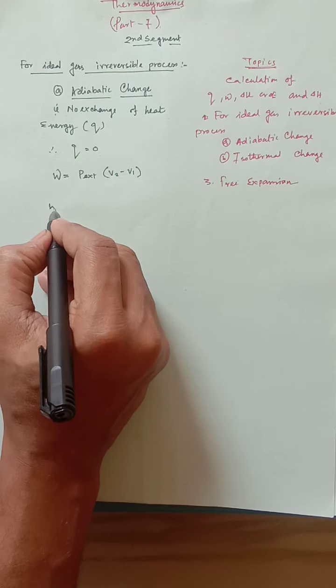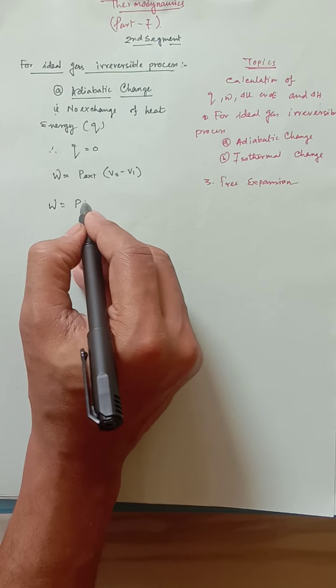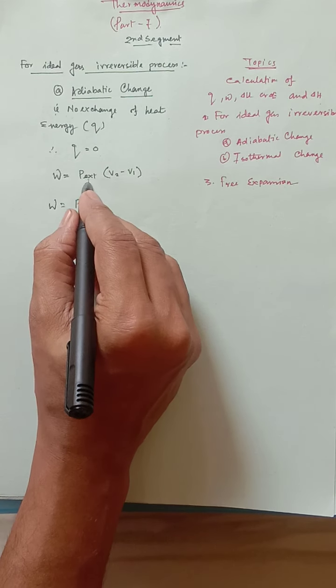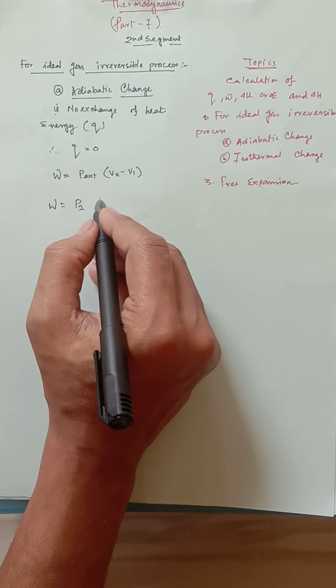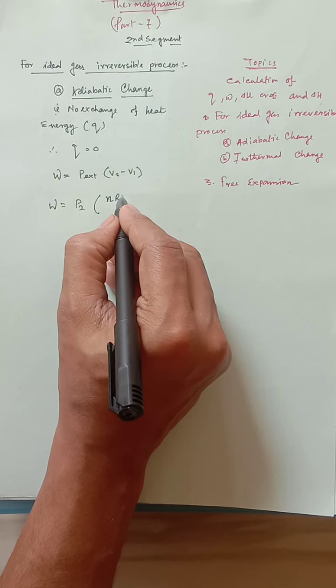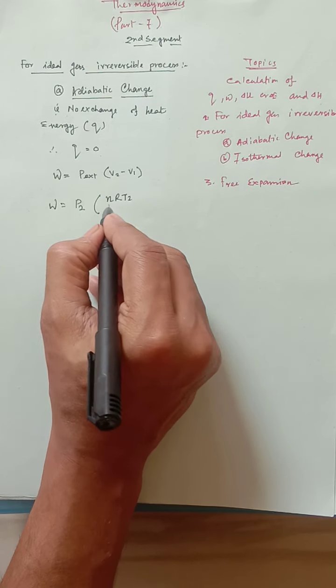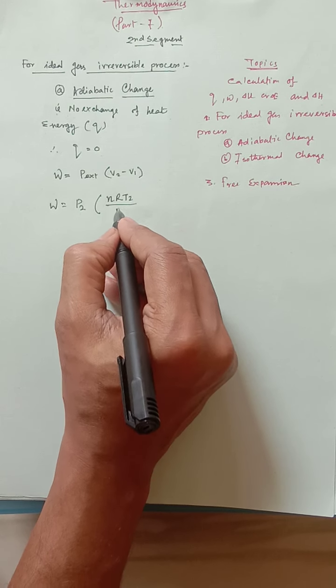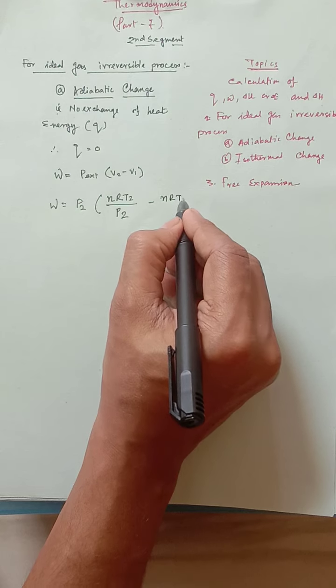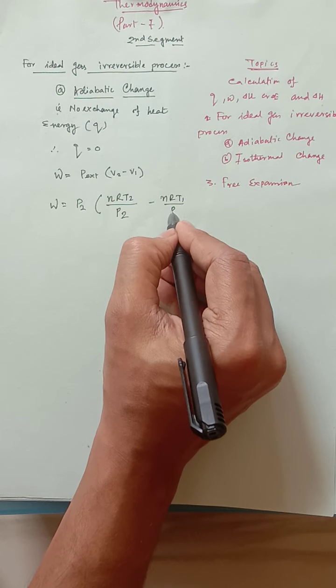So here W can be written as P2, that means the external pressure value, times (nRT2 by P2 minus nRT1 by P1).